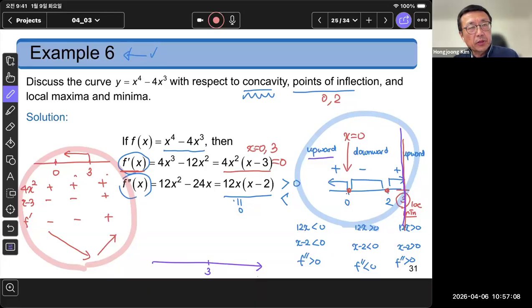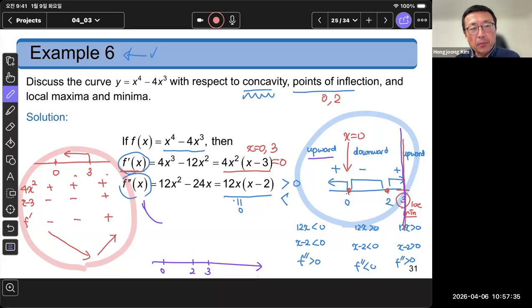So my function decreases up to 3, but up to 0, it is concave upward. So probably it will decrease as in y equals x squared pattern. Between 0 and 2, f prime is still negative, so the function is decreasing, but concavity is concave downward.